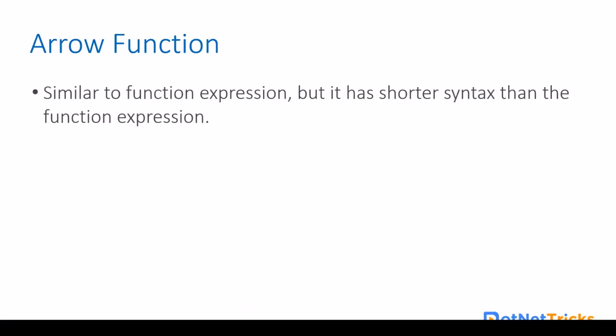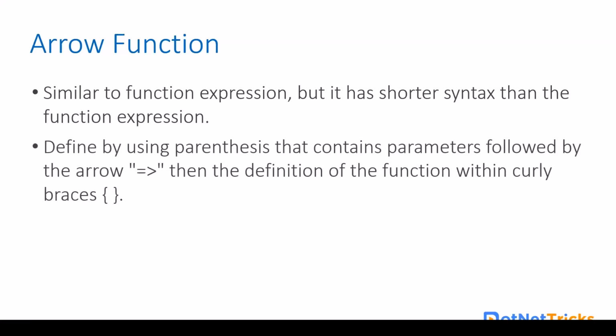Similar to a function expression, but it has a shorter syntax than the function expression or anonymous function. It is defined by using the parenthesis that contain the parameters followed by the arrow, and then the definition of the function within the curly braces, if required and if more than one statement is there.